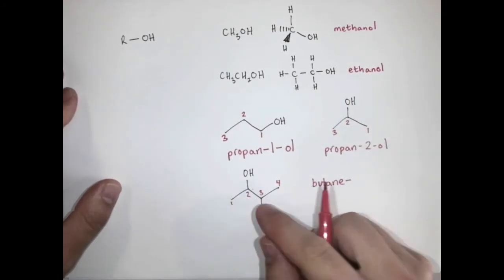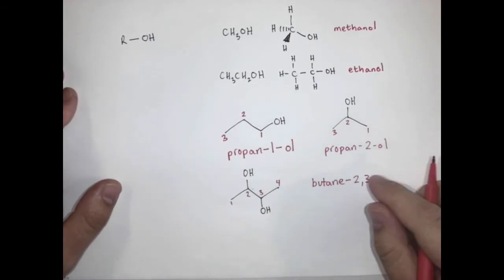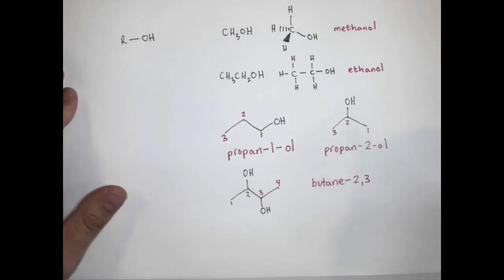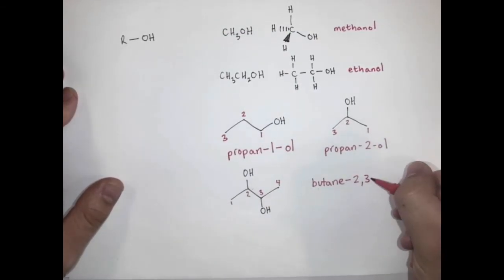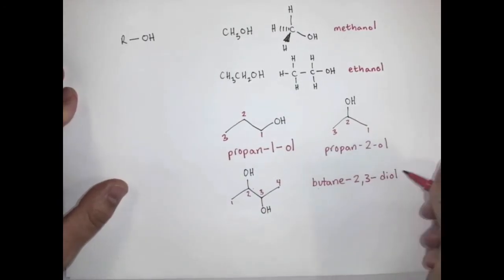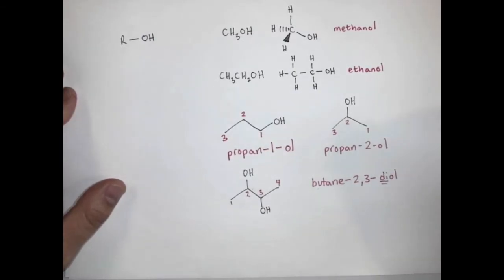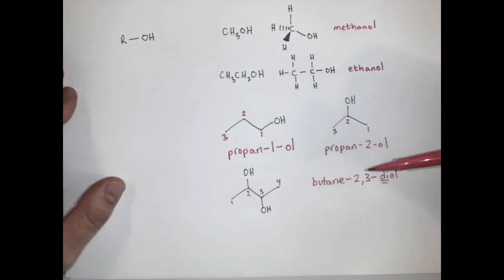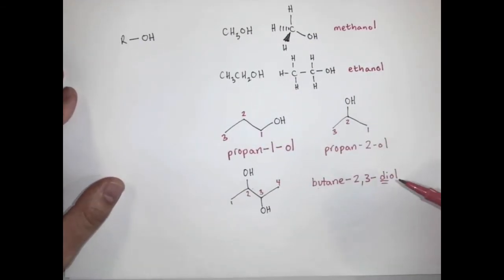So this would be butane 2, and then I have another one at 3. Make sure you write commas between the numbers. Butane-2,3-diol. The di indicates that I have 2 hydroxyl groups coming off of the main chain. So butane-2,3-diol.